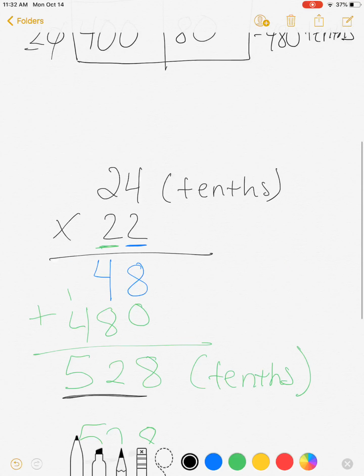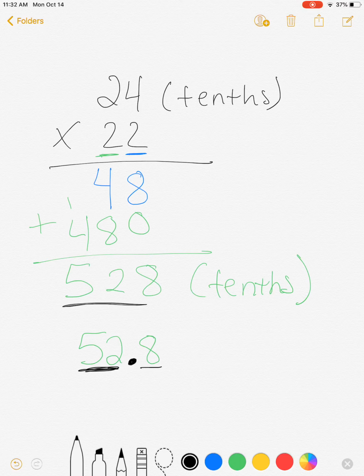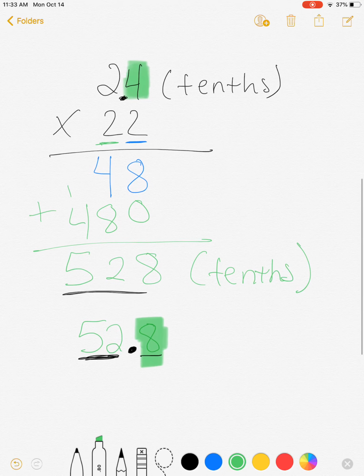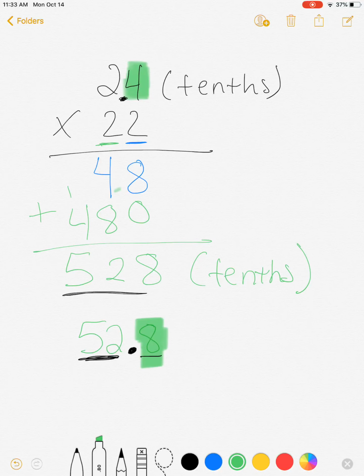When we did this before, we kept the decimal in its place, and we just remembered if we have one place over in our factor, we need to have one place over in our product. We do not need to put the decimal down here. It just needs to go in our final product.